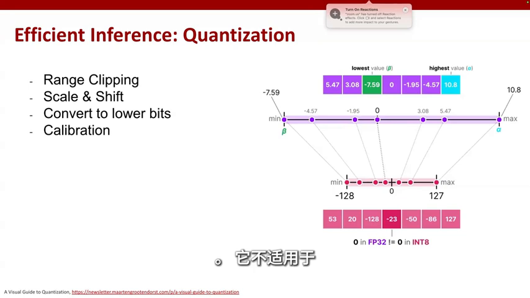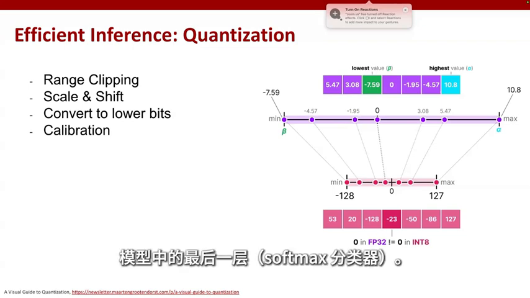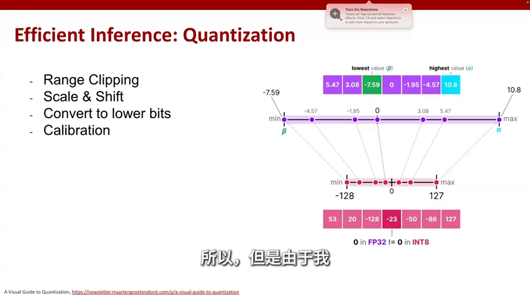It doesn't apply to activations, and it doesn't apply to the last layer, which is the softmax classifier in the model. Because of the different ranges across the weights in the network, will you have a library of those quantization codebooks or something similar?